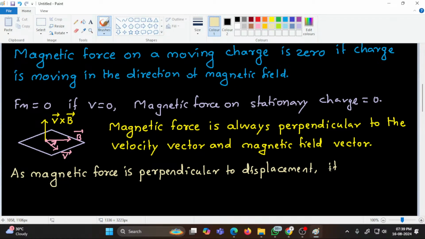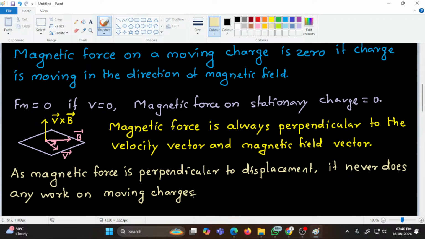It never does any work on moving charges. The magnetic forces may change the direction of motion of the particle, but they can never affect the speed.